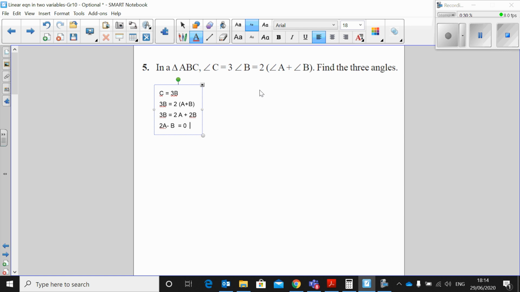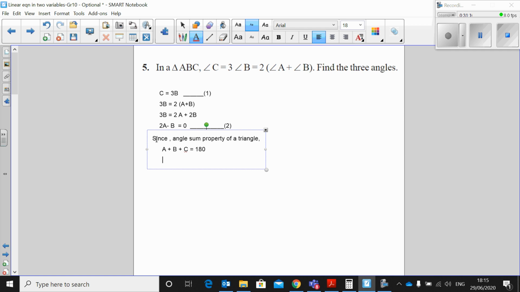Let us take equation number 2. So already we have equation 1 as angle C equal to 3 times B. Since in a triangle, since angles and property of a triangle, angle A plus angle B plus angle C is equal to 180 degrees.